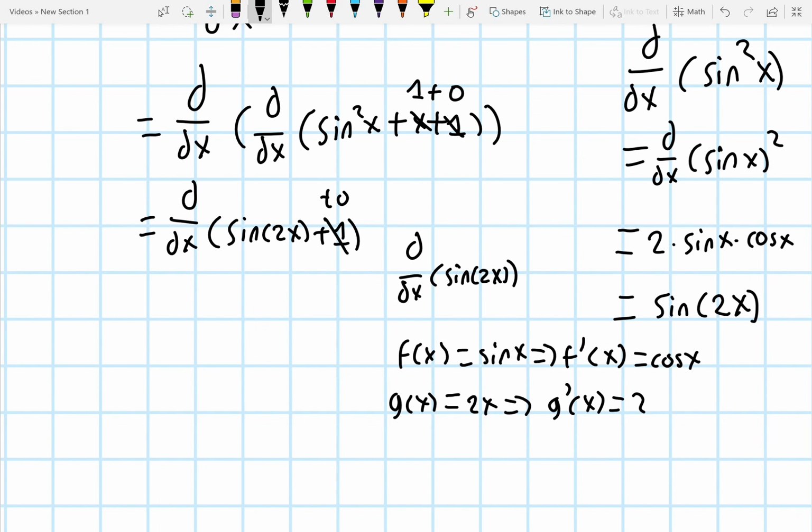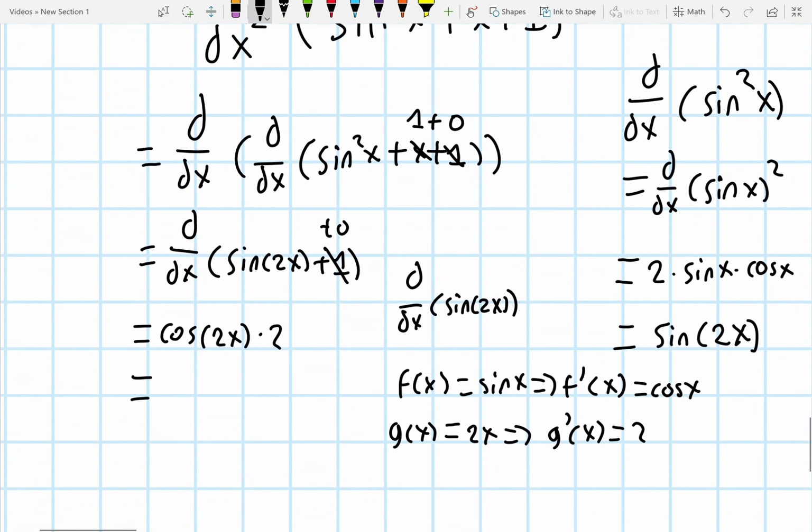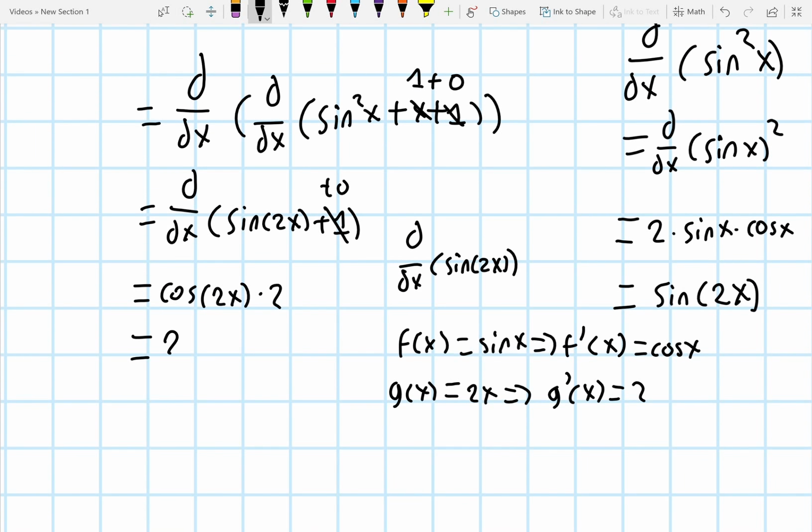Alright, so now we can simplify this by saying this is f prime, or the outer function, of g, the inner function, so cosine 2x, multiplied by g prime, multiplied by 2. So therefore, the second derivative of sine squared x plus 1 is 2 times the cosine of 2x.